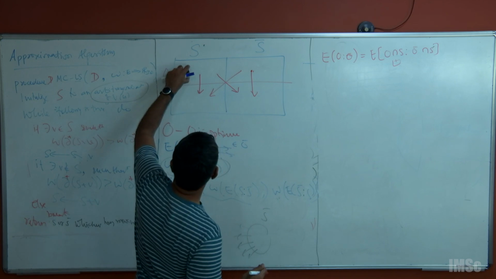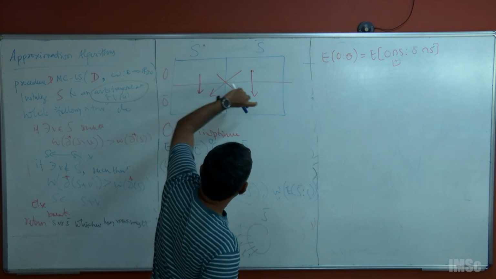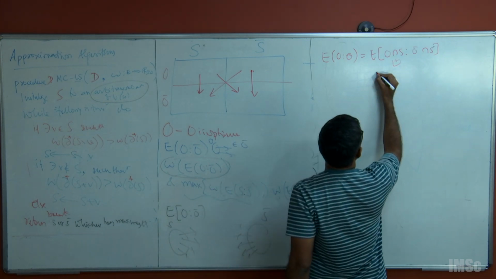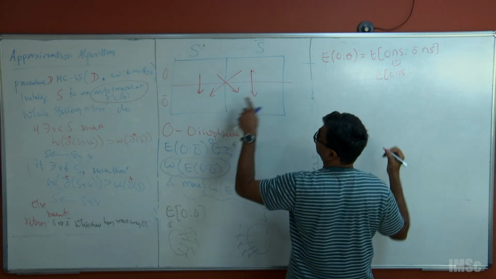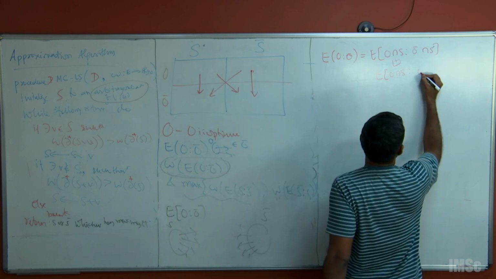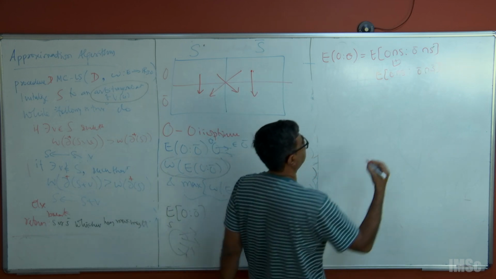Now let's try to understand this: this to this and this to this. What is the other kind of arc? E of O intersection S to O bar intersection S bar. Is that fine? What is the third kind of edges?